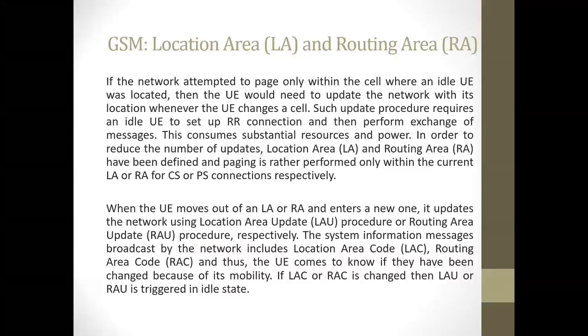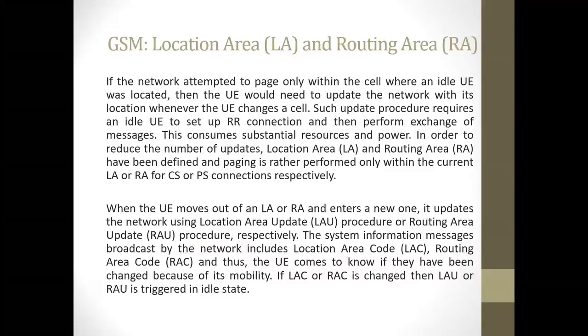Then the UE will initiate the location area update operation. And there will be an exchange of a few layer 3 messages, RRC level messages. So the network is then updated with the location area of the UE, but it is not cell level location. It is location area level location.